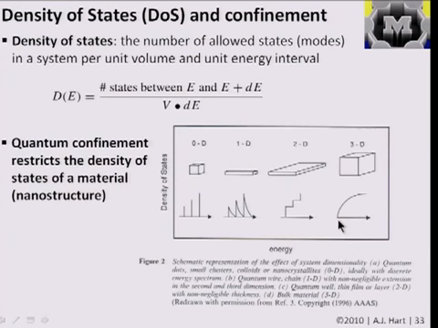And it's the evolution of this density of states and the allowable energy levels in a material that determines the properties of matter and makes, for example, one crystal different than another, or makes the properties of the same material depend on their size.